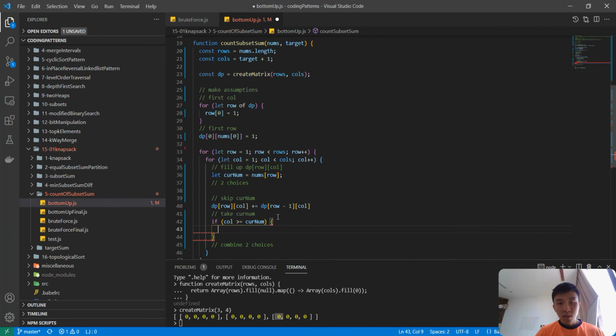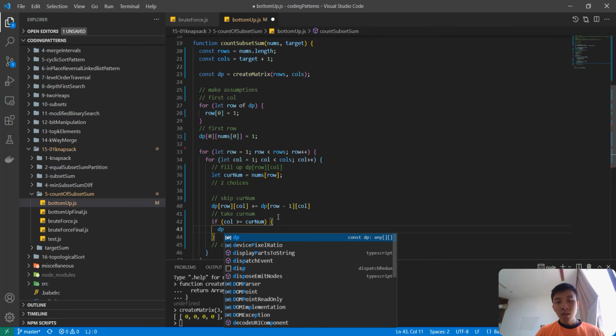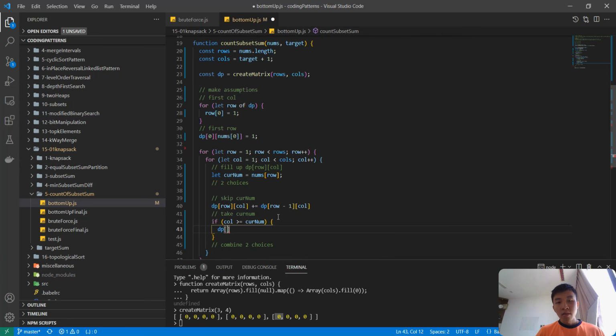So if I take this one, the answer would be not including the current number, which is dp row minus one, and because I take this one out, I will take the current number out of the column, right?